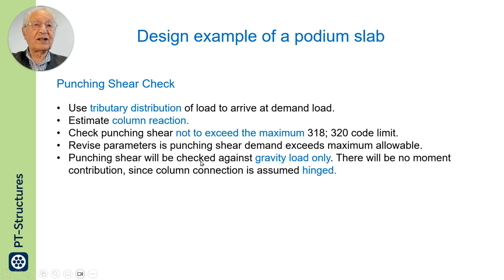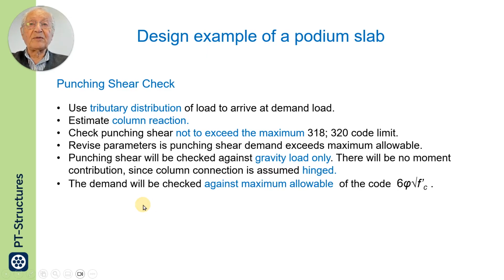Punching shear will be checked against gravity load only. There will be no moment contribution since column connection is assumed hinged. What do I mean? In checking the punching shear, I do not include wind and seismic because I assume hinge connection. So it is only gravity which will cause punching shear demand.